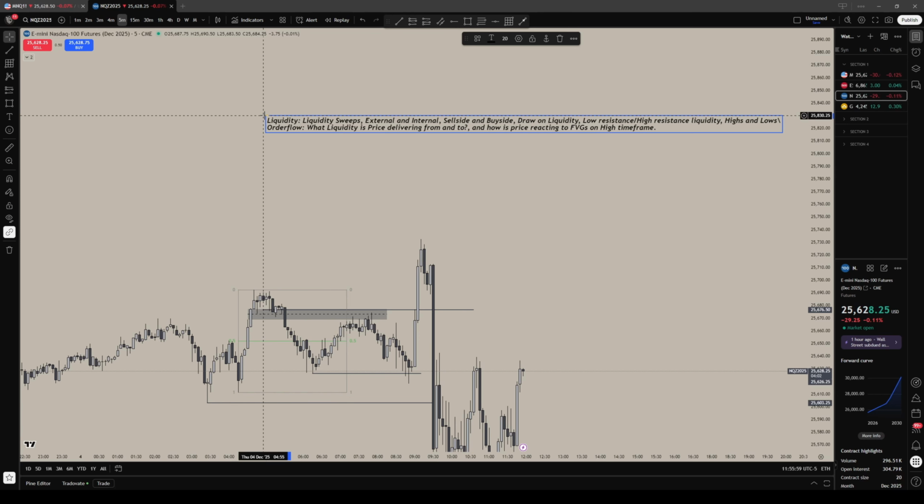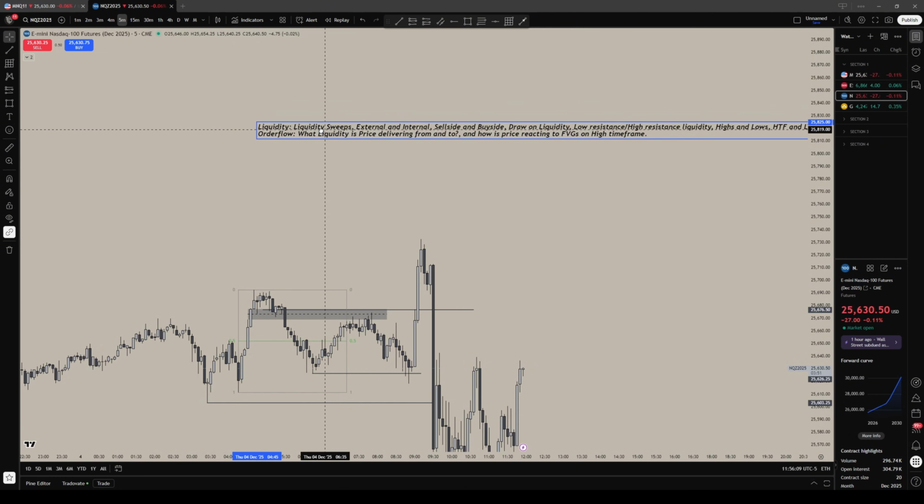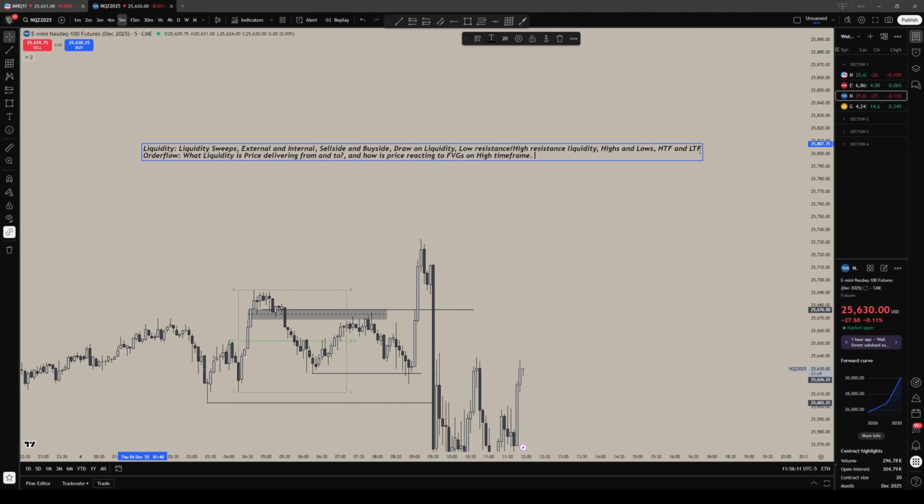And see, that's your draw on liquidity on the high time frame. See this, oh sorry, here, right, this is what I missed. High time frame and low time frame. Low time frame liquidity. Low time frame is for your entries and intraday. High time frame is for your order flow, for your bias.